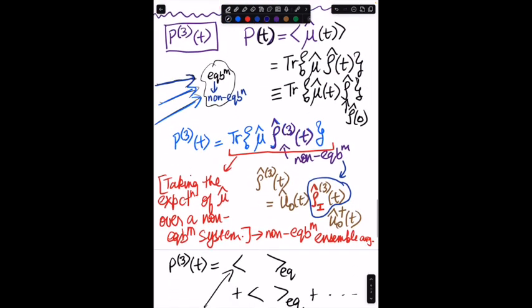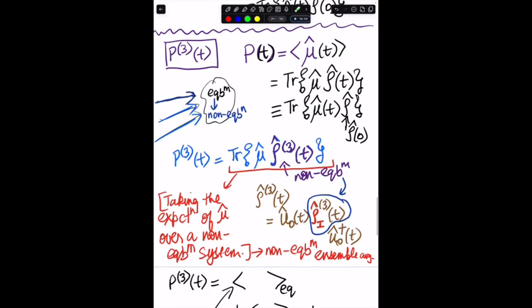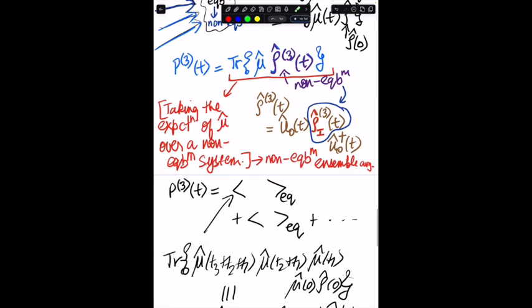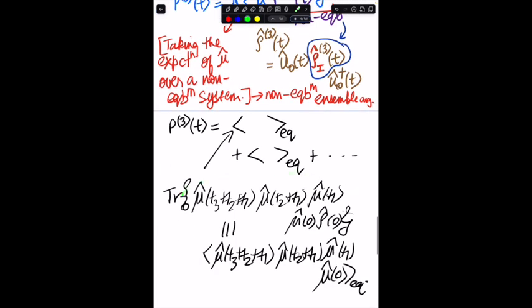So, in short, if you haven't really gotten the description of what I'm trying to say, it is that we have gone from taking a non-equilibrium average of the static dipole operator to taking an equilibrium average of the evolving dipole operator.